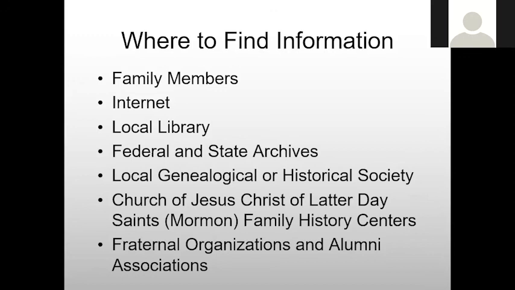The internet is the most valuable source that we have at this particular time. And we'll look at a couple of the sites that have the most information. Your local library, your local genealogical or history society are also going to provide valuable information that may not be on the internet, but will pertain to the local specific community.